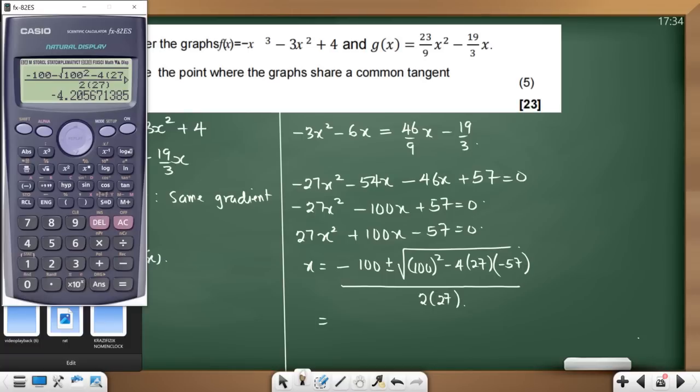Did we type everything well? Let's make sure. We have negative 27x squared plus 100. Just make sure again. Not that I'm expecting anything else, but let's make sure we are on the same page. Did I say negative 57?